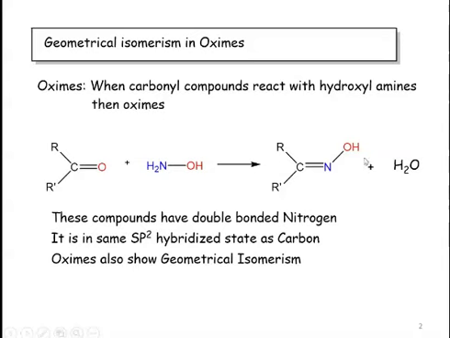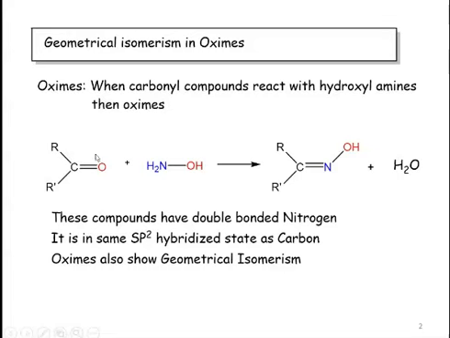This compound is called the hydroxylamine derivative of the carbonyl compound, or in short we can call it the oxime of the parent carbonyl compound. If it would have been an aldehyde, then this would have been called an aldoxime.